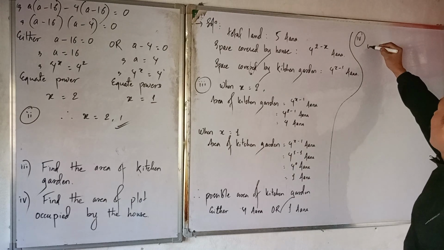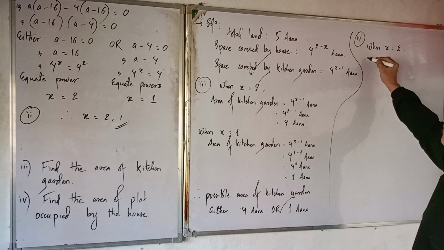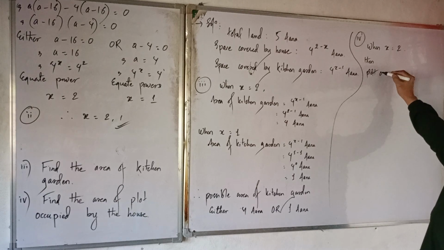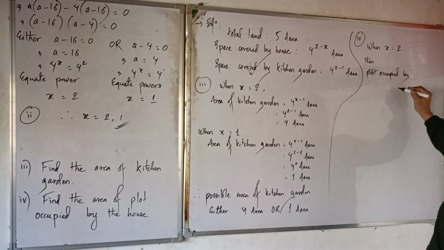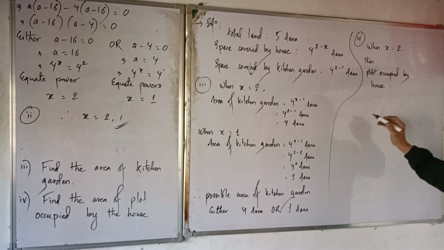So when x equals 2, then the plot occupied by the house will be what?